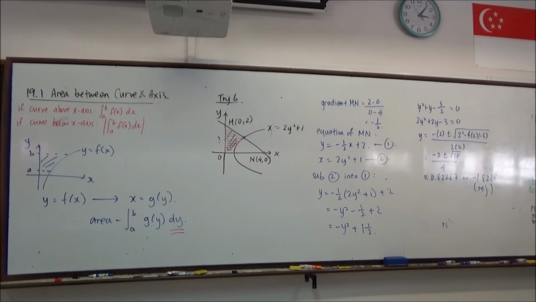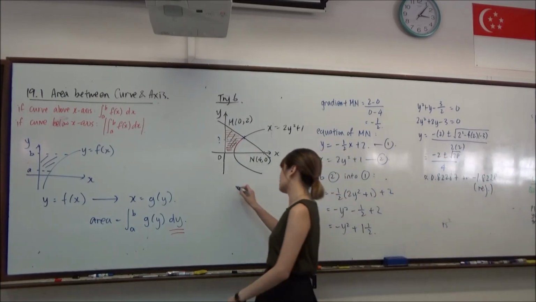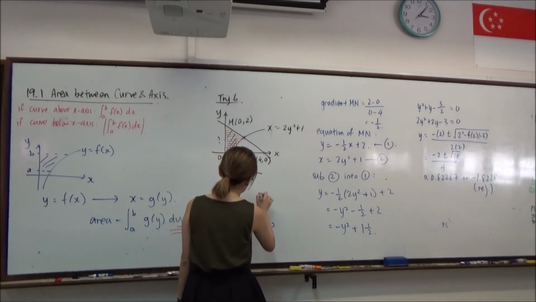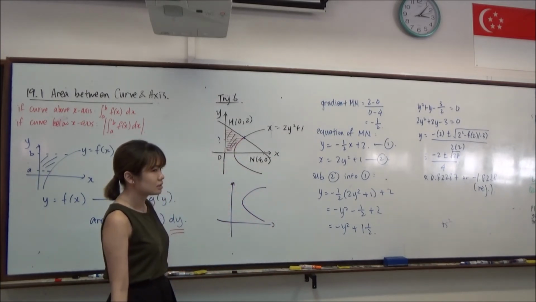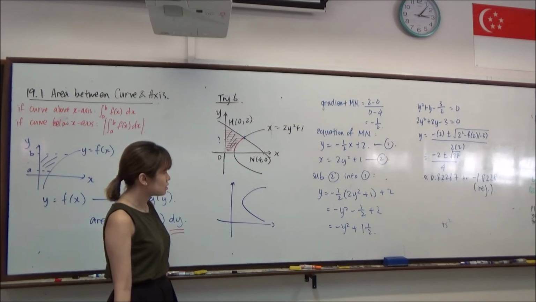Then you look at the straight line itself and you need to decide which is the bigger one. Do you need the bigger one or the smaller one? What if they only show one intercept and never show the second intercept?